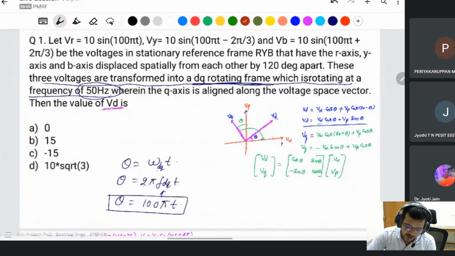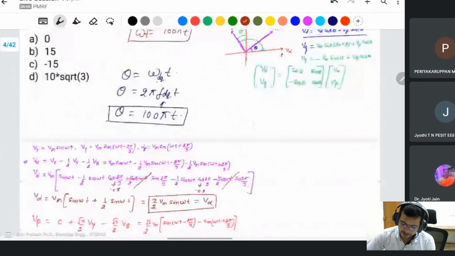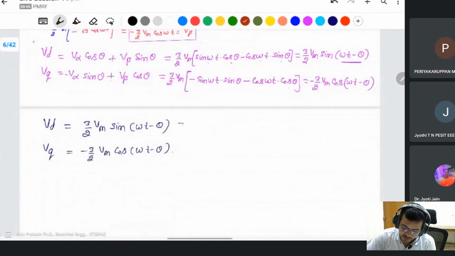And what is in the question? The fundamental omega is also 100 pi, so omega t is 100 pi t. Both are rotating at the same frequency, so sin(omega t minus omega t) is the same. Vm sin(100 pi t minus 100 pi t) is 0.